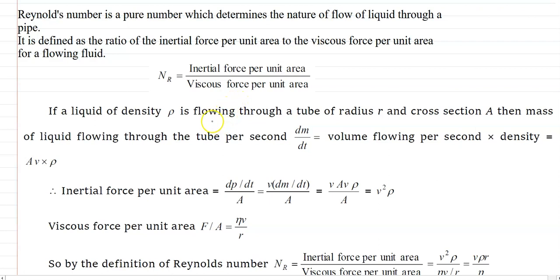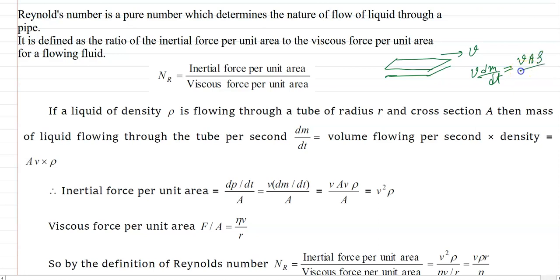So the inertial force is the force between two relative layers. If I take two layers of liquid flowing with velocity v, then the inertial force will be v dm by dt, and dm by dt will be v A rho.